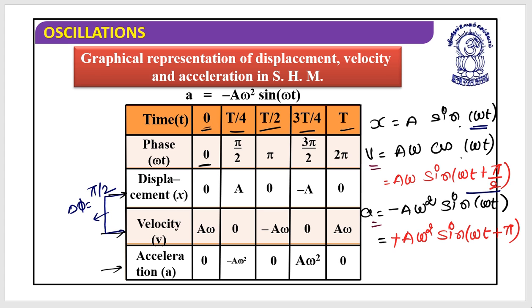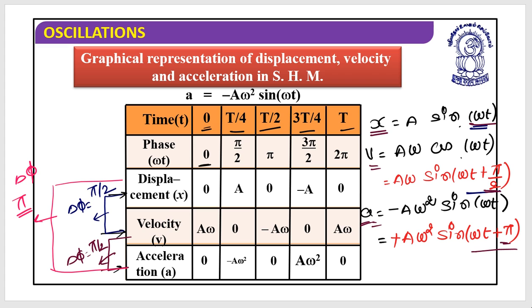Velocity and acceleration, this is pi by 2 and this is pi, 180 degrees, so again between velocity and acceleration there is a phase difference of pi by 2. In the same way, the phase difference between displacement x and acceleration a: this is omega t, this is omega t plus pi. So the phase difference between displacement and acceleration is 180 degrees.